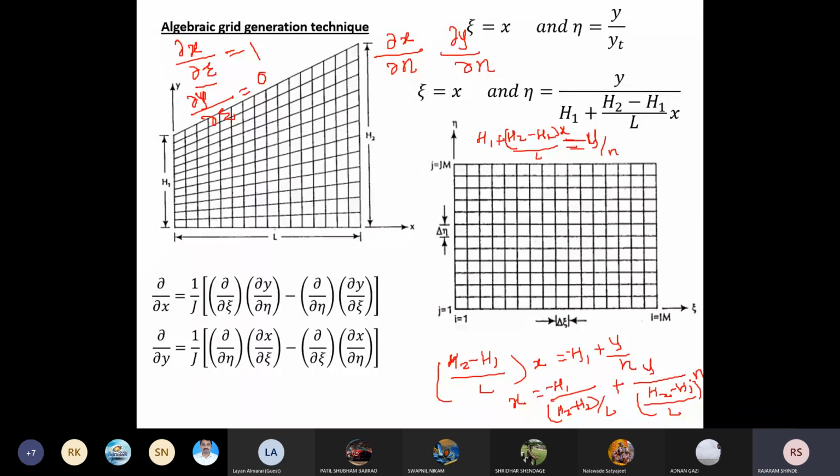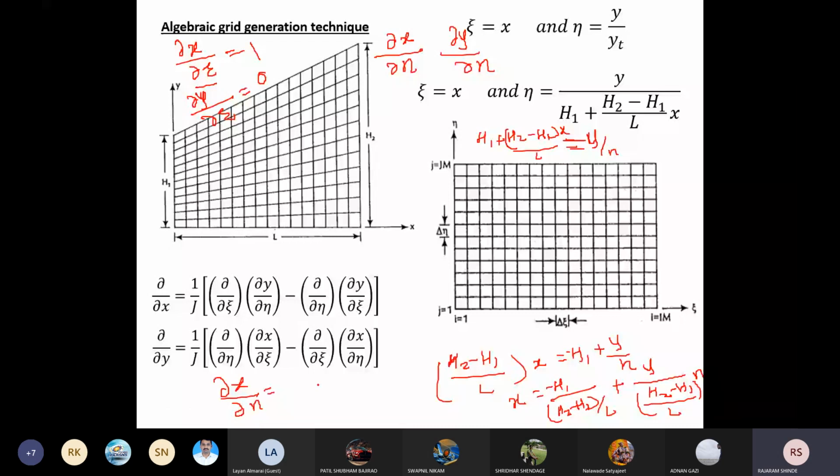Now this is the equation for x. What I will do is take the derivative. After taking the derivative of x with respect to η, this term will be 0. For this term there is an η term.